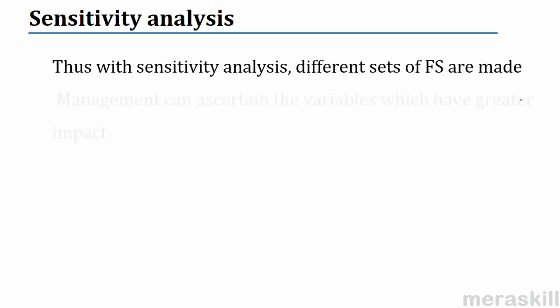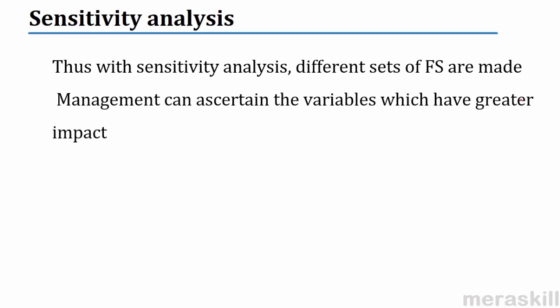Thus, with sensitivity analysis, different sets of financial statements are made. And what does the management see? The management will see which variables have a greater impact. Suppose the sales does not grow by 20% and grows by only 15% or only 10%. Is there a huge impact on the profits?